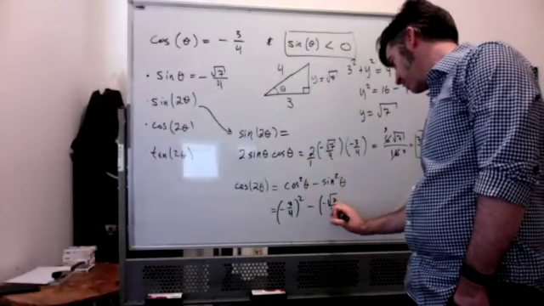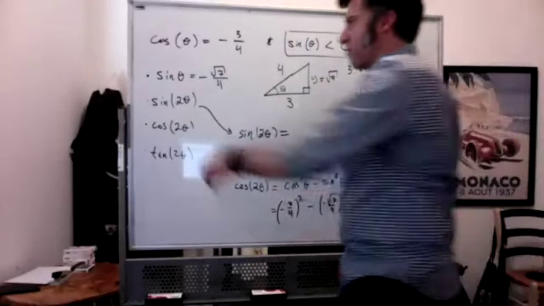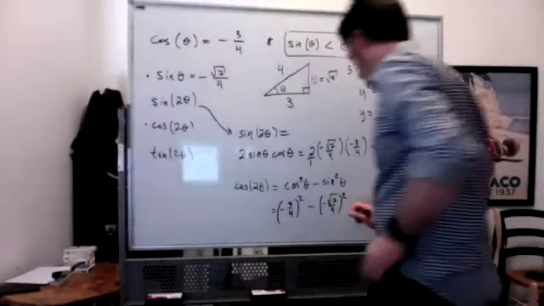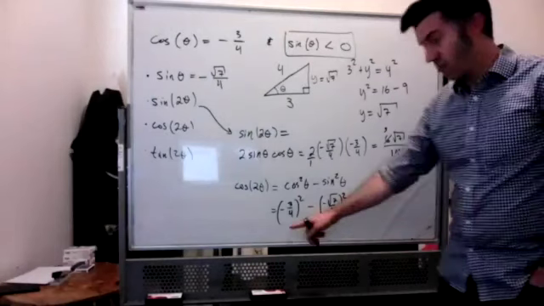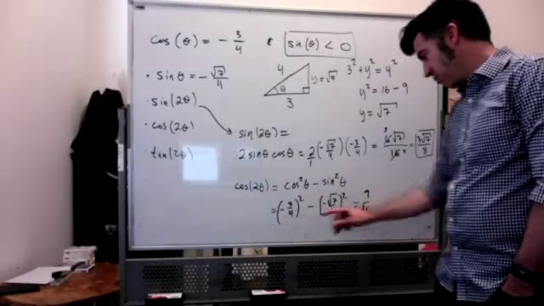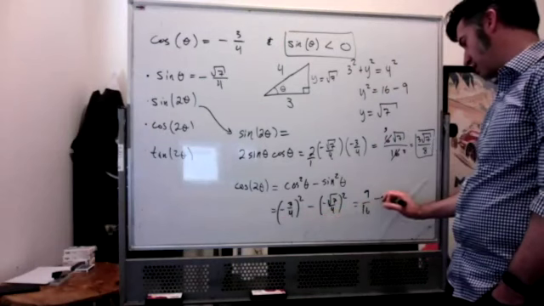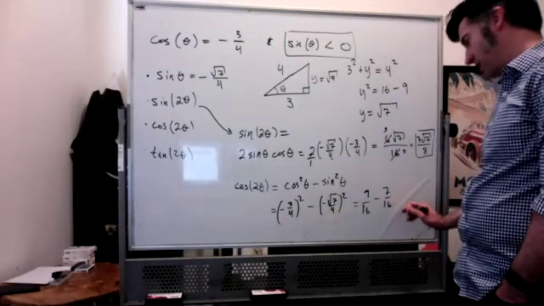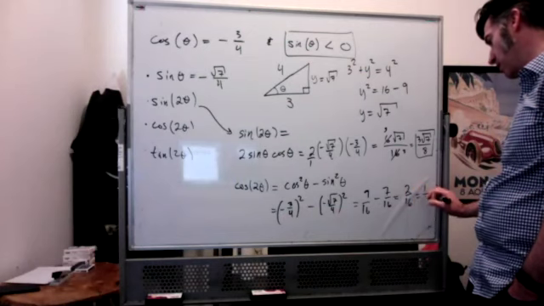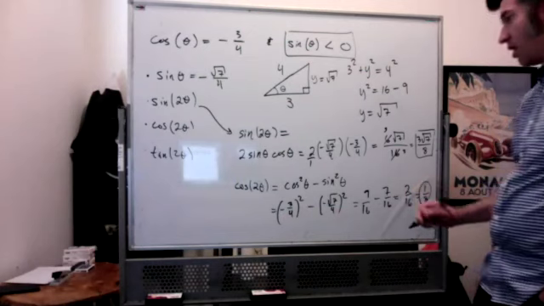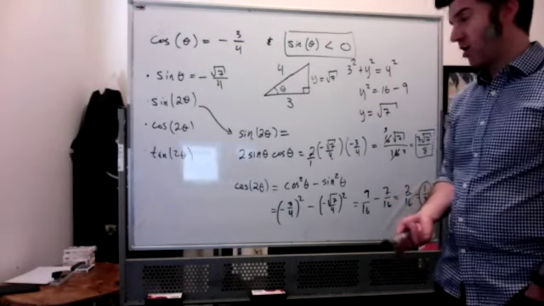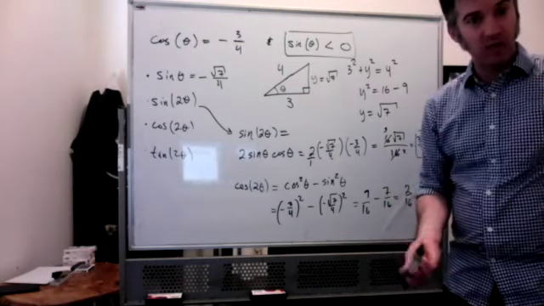A negative number squared is positive, so that's going to be 9/16 minus 7/16, which is 2/16, which reduces to 1/8. I could also, and I usually do at this point, ask what quadrant the angle 2 theta is in?